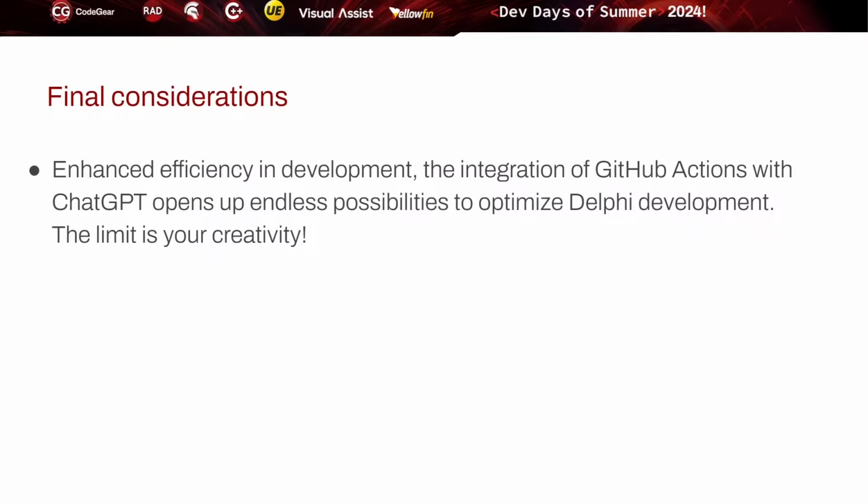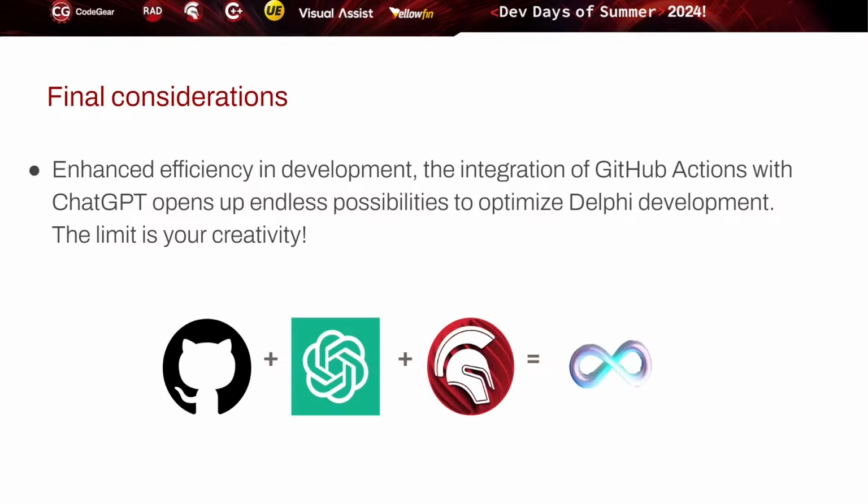And final considerations: enhanced efficiency in development. The integration of GitHub Actions with ChatGPT opens endless possibilities and optimizes Delphi development. The limit is only your creativity. So think about this possibility.